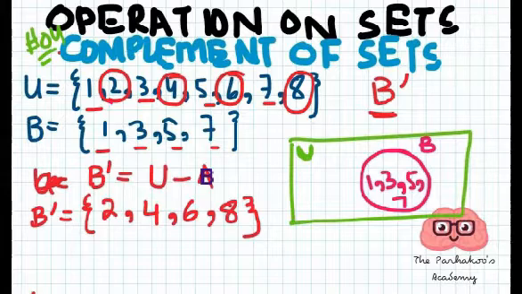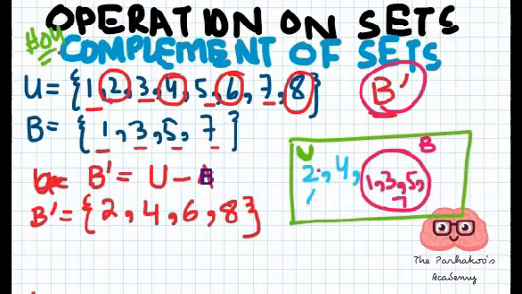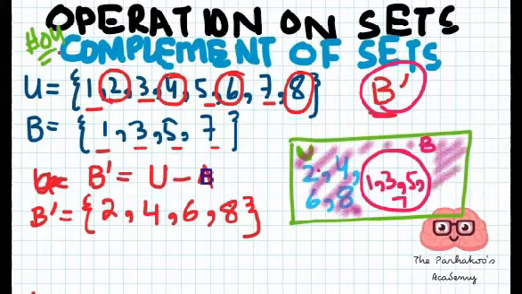So these are all the common elements, and since we are working for B complement, it comprises all those elements which are not in B. So we are basically left with 2 4 6 8 in the universal set. So here we go. So this is our B complement. So we have worked out graphically as well as in the tabular form. So I hope you get this.